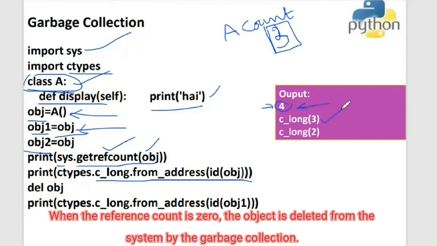This will give me the exact count, but getrefcount from the sys module gives 1 extra. Now in the next case, I have said del obj, so the object reference is deleted. If you again find out the reference count, you can see there are still 2 over here.